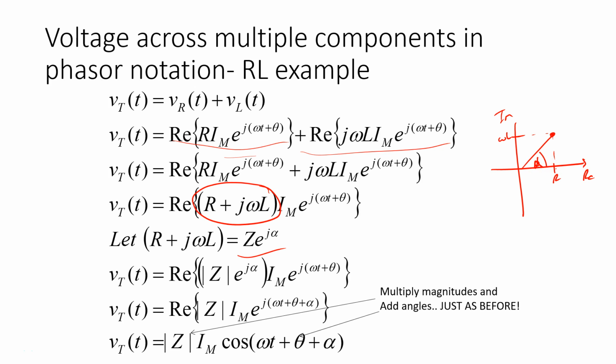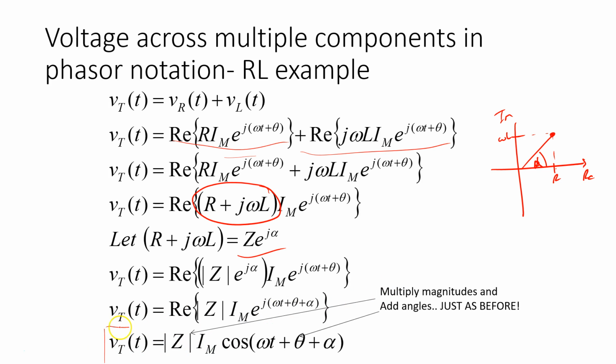So I could convert this part as well into an exponential form. And then I will see that I could combine the exponents, and I get e to the j omega t plus theta plus alpha.